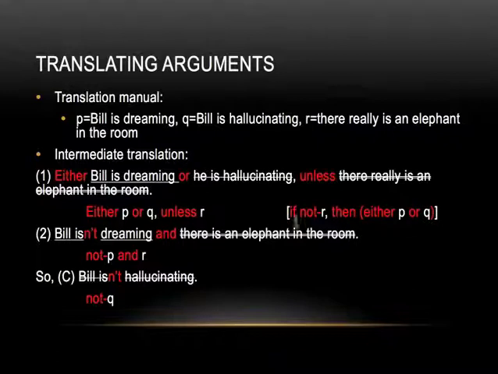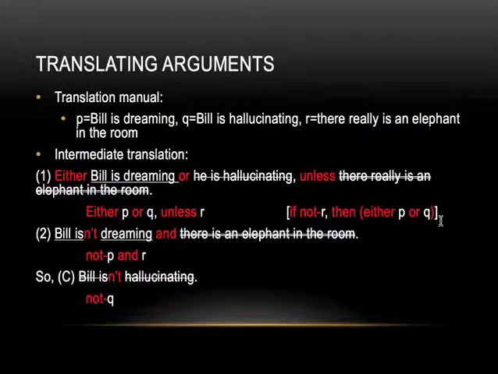The entire sentence itself being a conditional, that's revealed in part by either occurring right next to Bill is dreaming, and the unless occurring and modifying that whole disjunctive sentence. That suggests that unless is the main operator of the sentence, and the disjunction is constrained to the consequent of this conditional sentence. The transformation of the sentence only uses the canonical logic words, thus making it much easier to perform the final step of the translation.